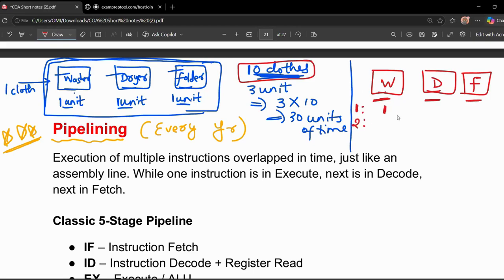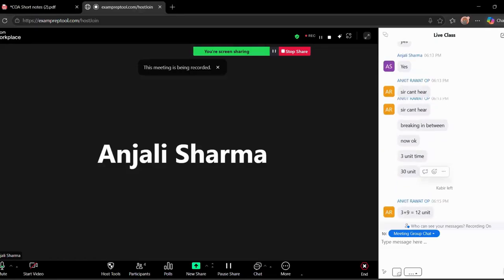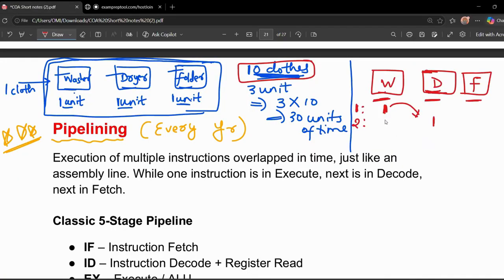Now in the second unit of time, the first cloth has already been done in the washer, so it will go to the dryer. But when it is working in the dryer, your washer unit is free, so you can put another cloth here. Call them C1, C2.